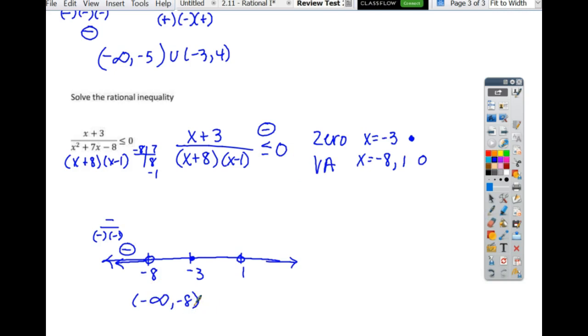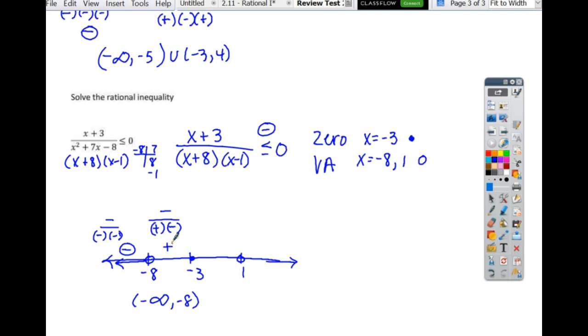So then I'm going to test this interval right here, the negative 8 to negative 3. So if I pick negative 4, I have a negative on top. This is positive times a negative. So negative divided by negative, this would be a positive interval. So I do not want to include this. Next, I'm going to try in here.